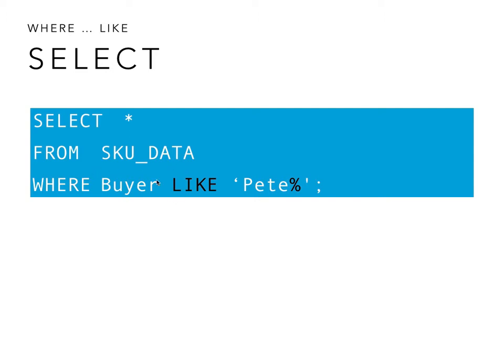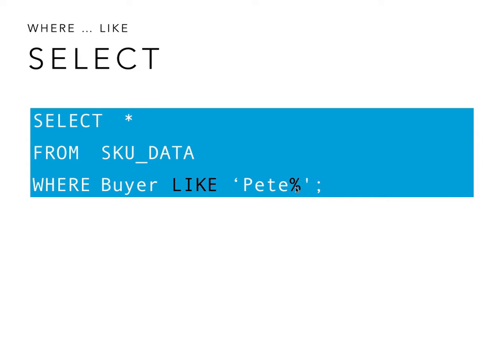The way to use this is the LIKE keyword, and then inside the condition, we're looking for anything that basically starts with the letters P-E-T-E. The way I understand this, it does require a set of one or more characters, so it would require at least another character there.